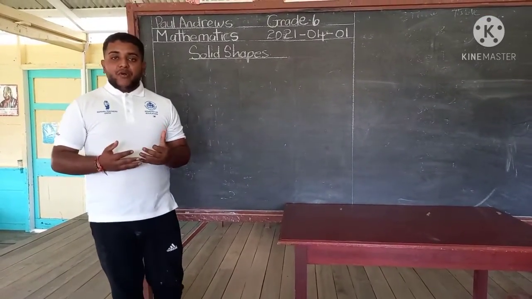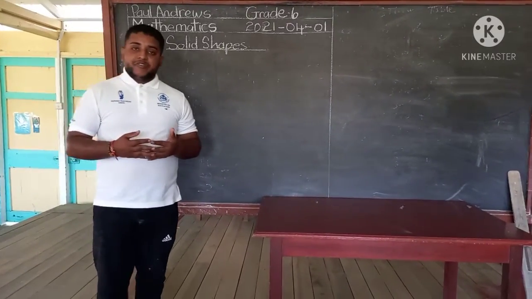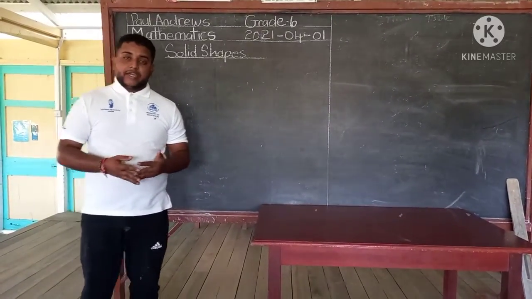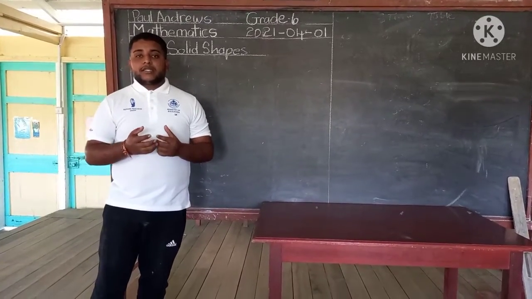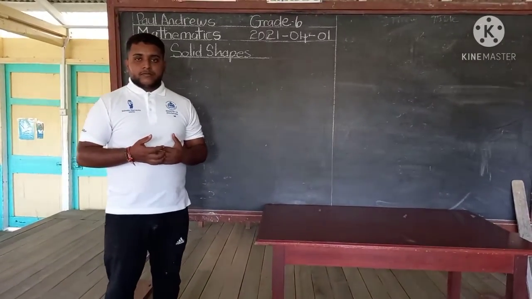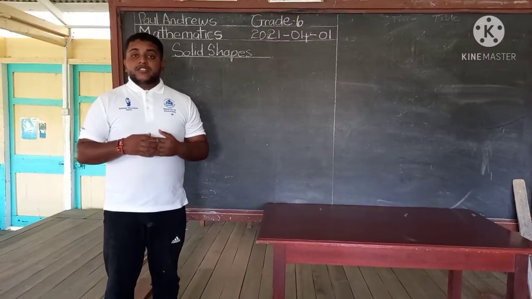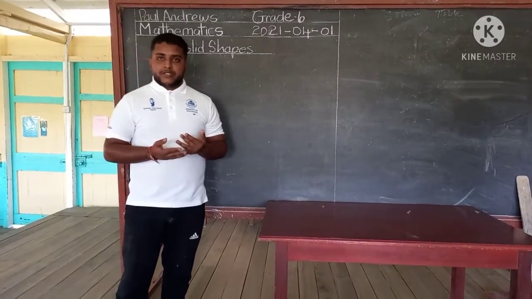Before we conclude the lesson, I would like for us to review what we would have done together today. So Andrew, can you tell me what are solid shapes? Yes, solid shapes are shapes that have 3 dimensions.